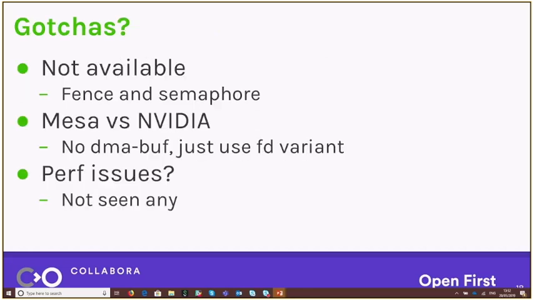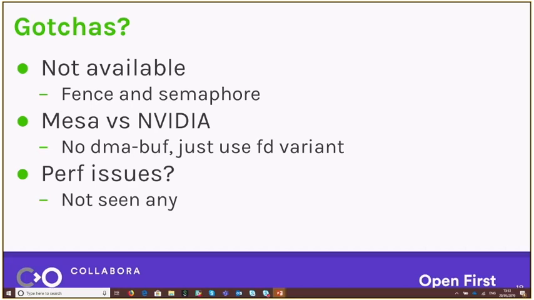So any gotchas? From what I found, the fence and semaphore might not be shareable on all drivers, so you can only really share buffers reliably, at least on the platforms that we care about. NVIDIA doesn't have DMA-BUF, it just has the opaque variant, so just use the opaque one.